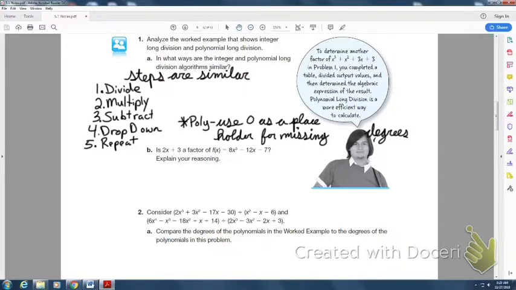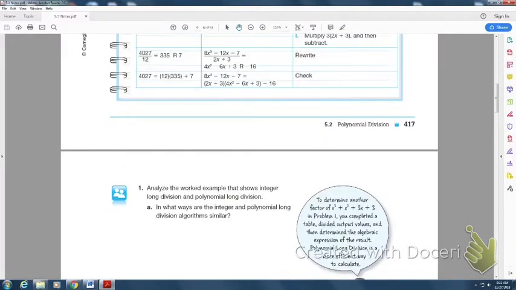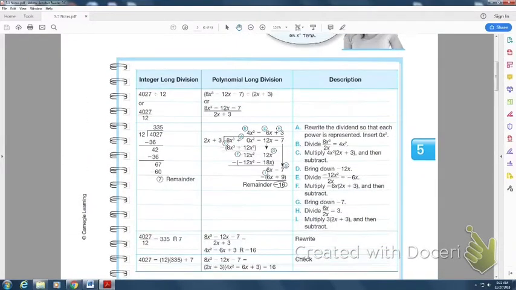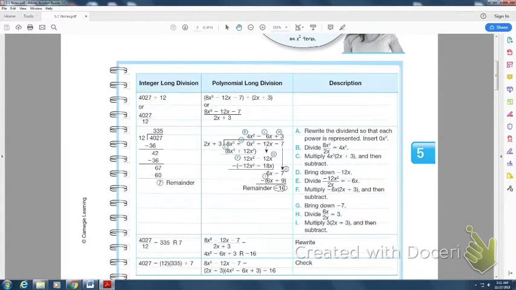On the next one it says, is 2x plus 3 a factor of the 8x cubed minus 12x minus 7? That's referring back to the problem that we just walked through. And how you determine that is, if you get a remainder, the divisor is not a factor of the dividend. If you do not get a remainder, so if this would have turned out to be 0, that would be a factor of that.